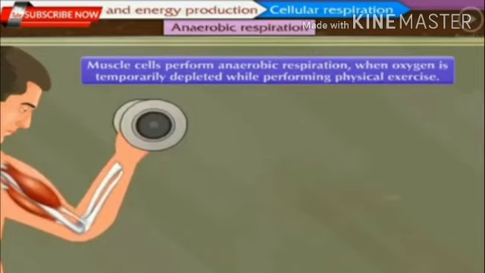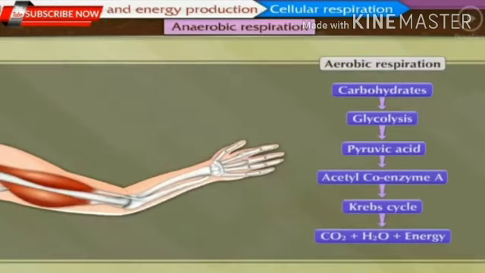Due to this, a less amount of energy is produced in our body and thus lactic acid accumulates in our muscles, due to which we feel tired. When oxygen level returns to normal, muscle cells again perform aerobic respiration. Means this process is done for some time when there is a less amount of oxygen.